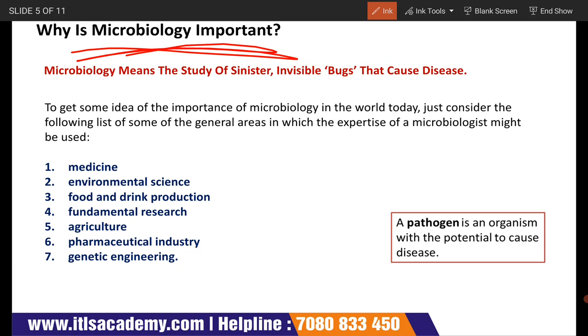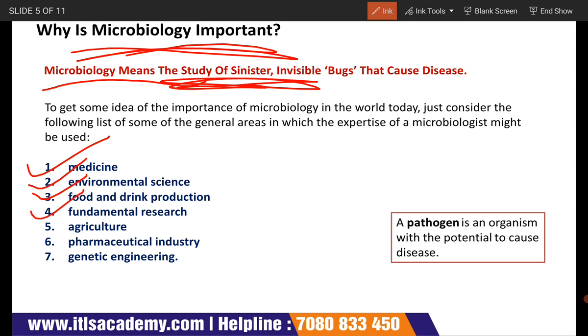As we have discussed, microbiology means the study of sinister, or you can say invisible bugs that cause diseases, meaning microorganisms, right? So microbiology played an important role in the formation of medicines, environmental sciences, food and drink products, fundamental research, agriculture, pharmaceutical industries, genetic engineering.